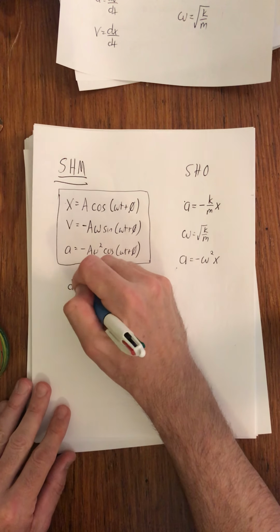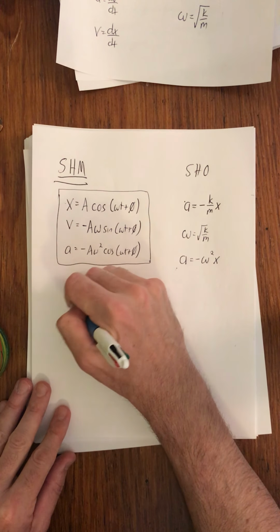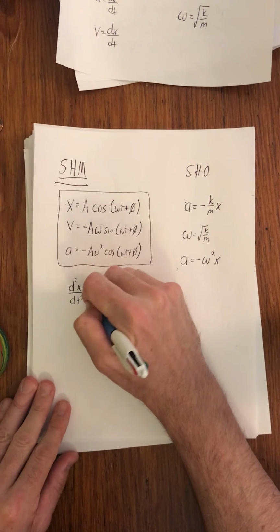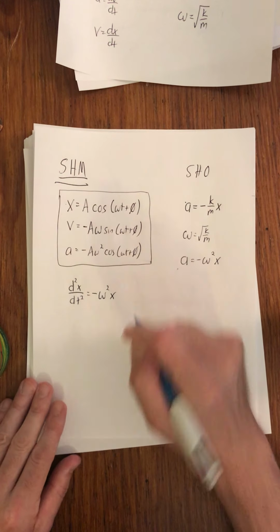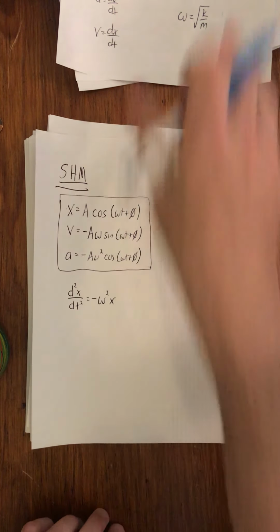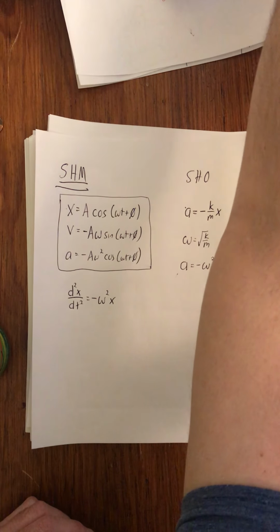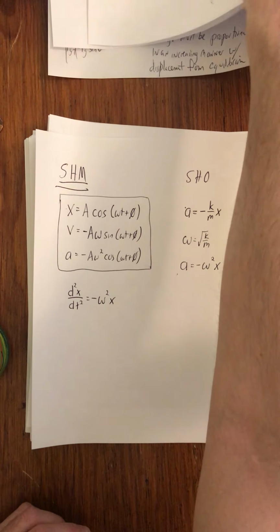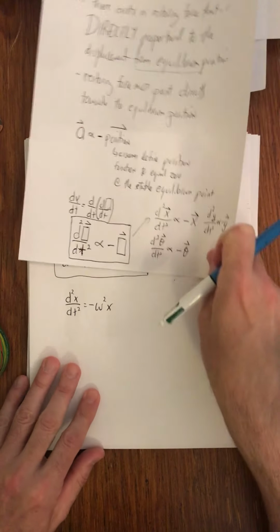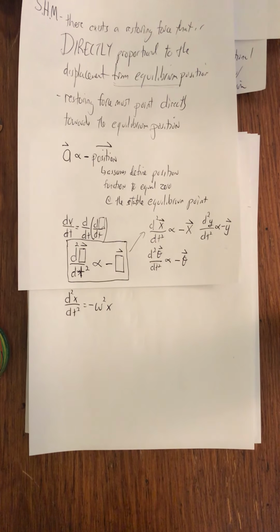Here we go. The second derivative of x with respect to t squared is equal to negative omega squared x. Does that look familiar? Hopefully it does, because it's the point of the entire lesson. Remember this?